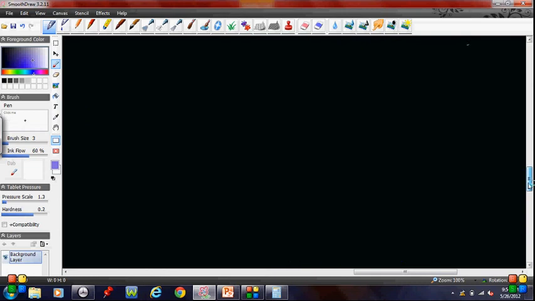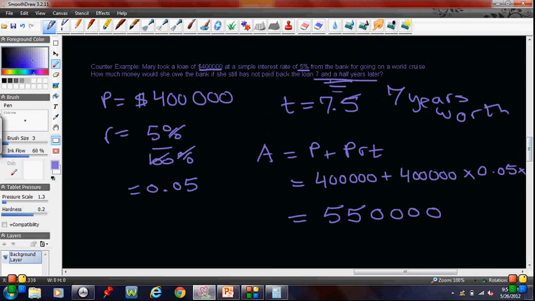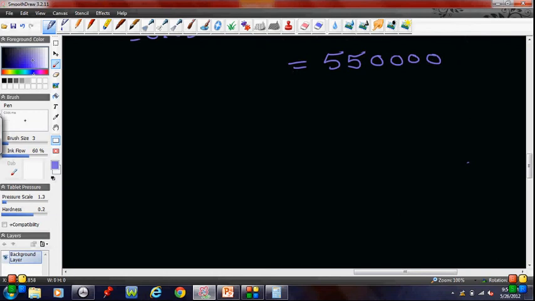Now we can go back and do this question again, but with the correct numbers. So let's cross this 0.5 out, because technically, according to the bank's interest periods, it's only been 7 years. She could have paid it back at 7 and 3/4, and it still would have been 7 years.